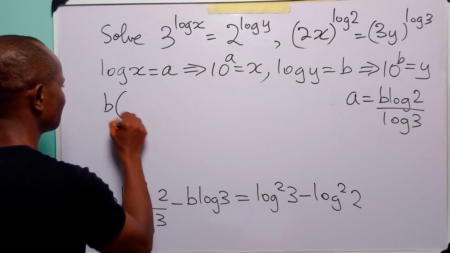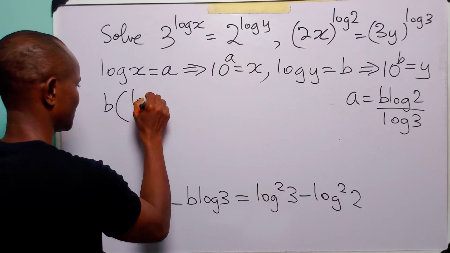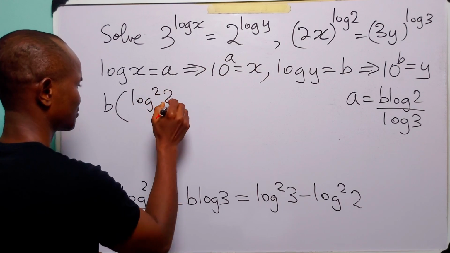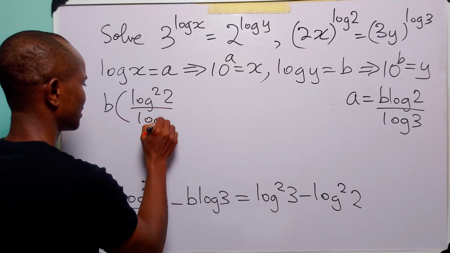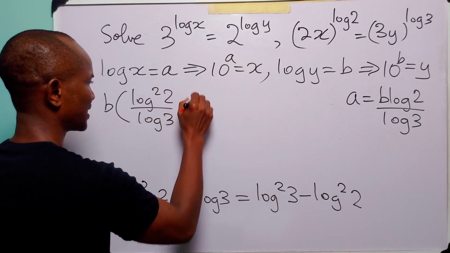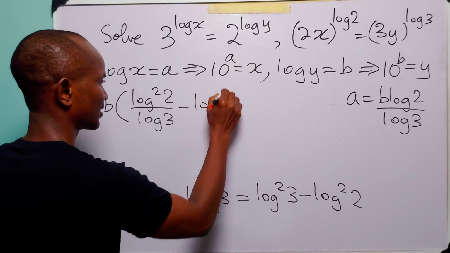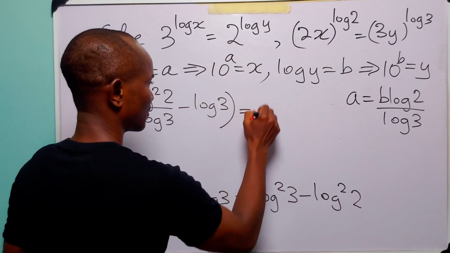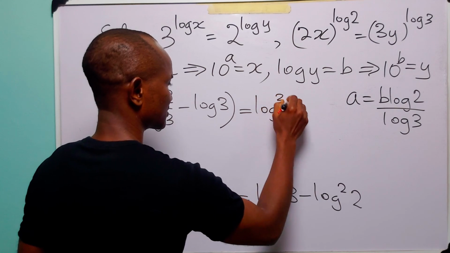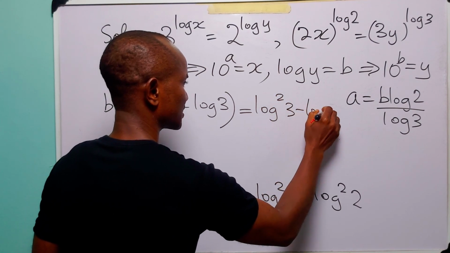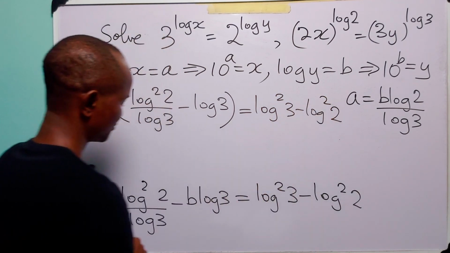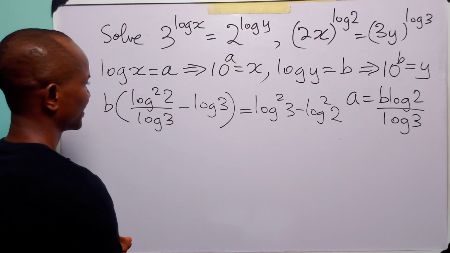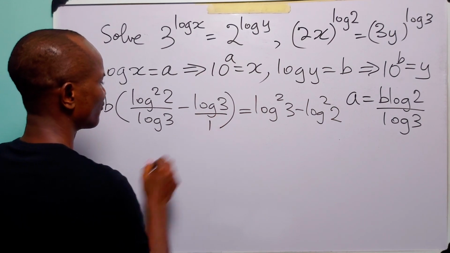When we do that, we have b into log²2 over log 3 minus log 3 is equal to log²3 minus log²2. Of course, you know that this is over 1.